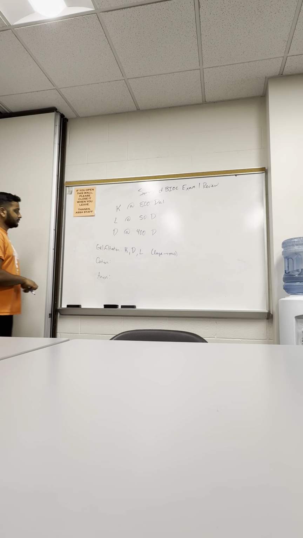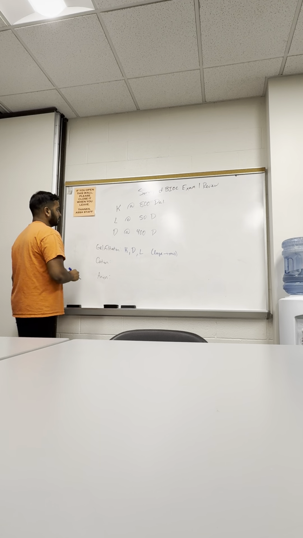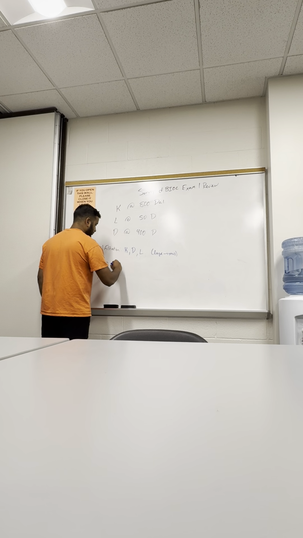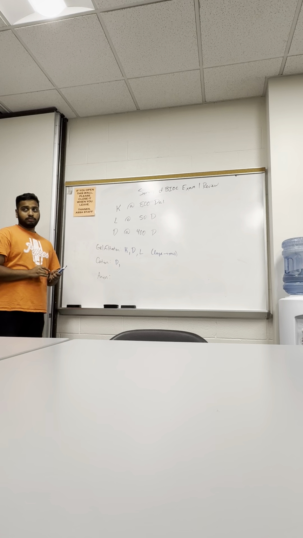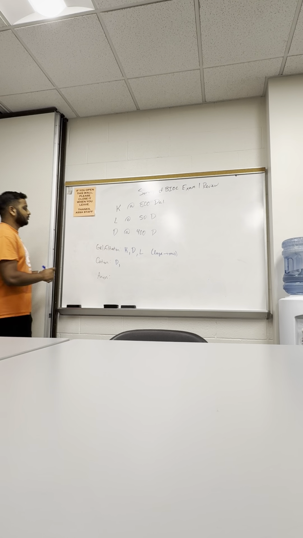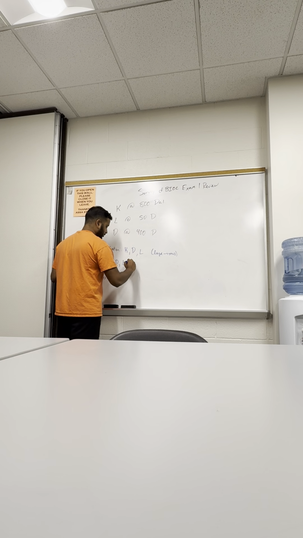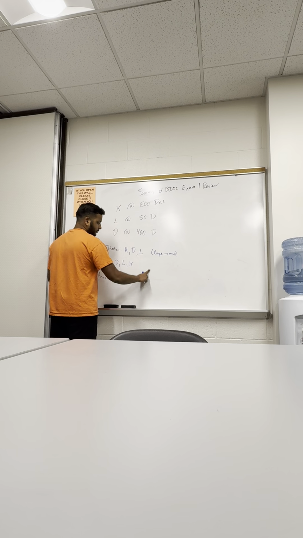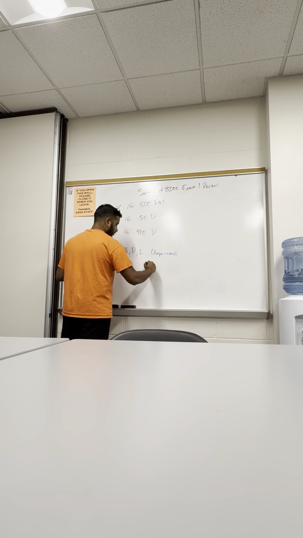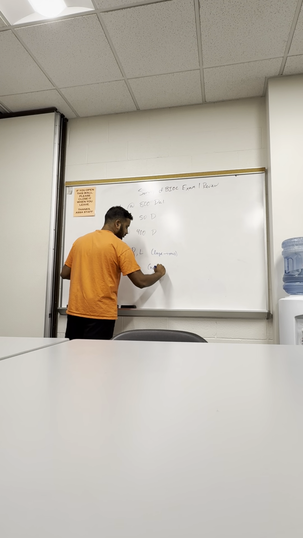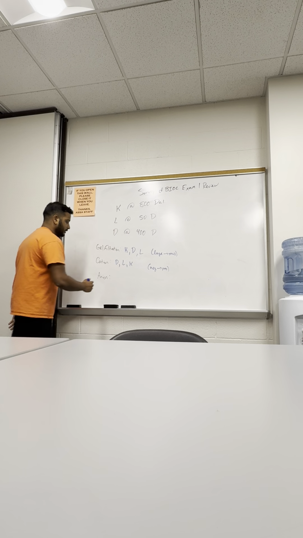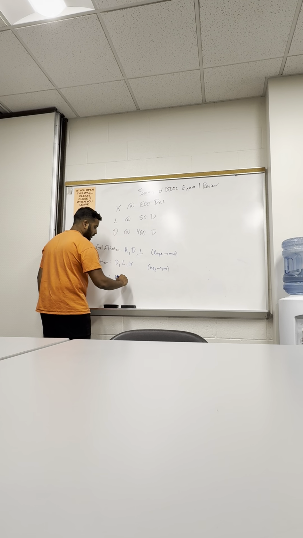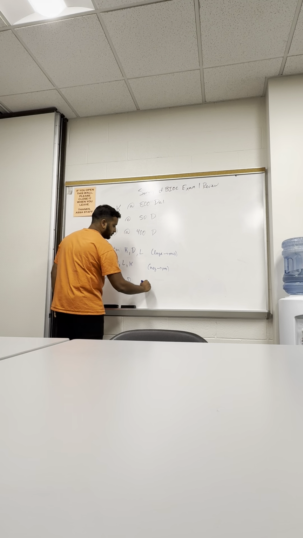It would be negative first, which would be D, and then L, and then K. Why L first? Because it's neutral. And how about anion? It's the exact opposite, so it should be K, L, D. This is positive to negative.